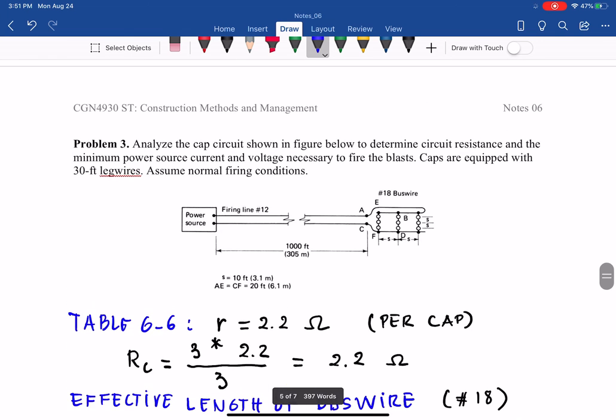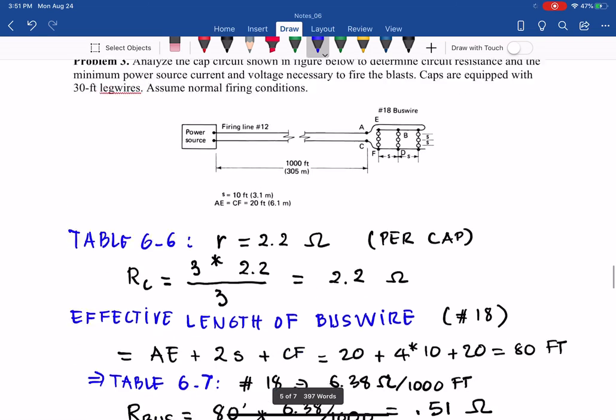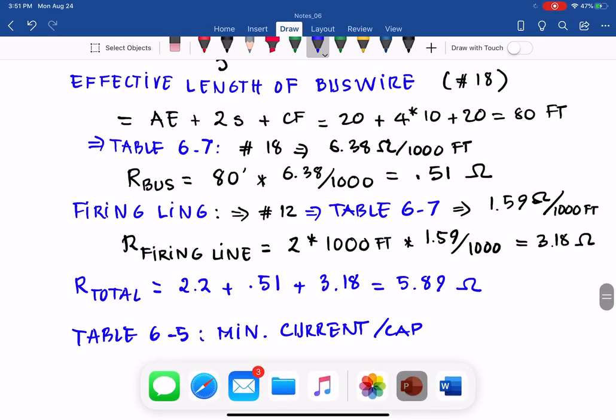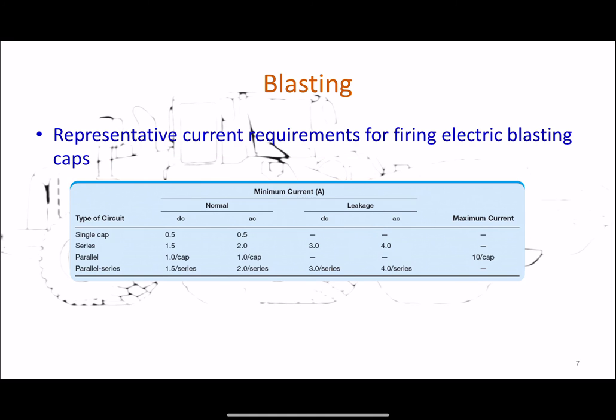And this one is in the normal firing condition. And the power source is given. So let's go back to that figure, that table here.